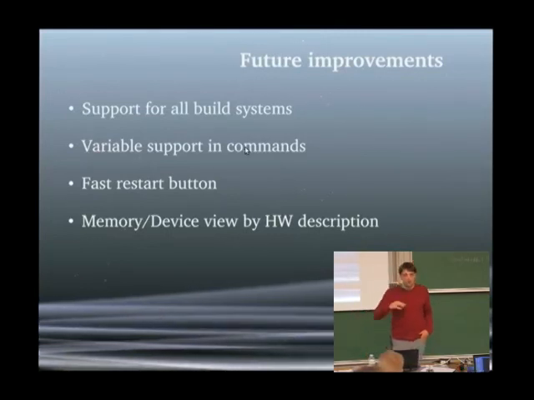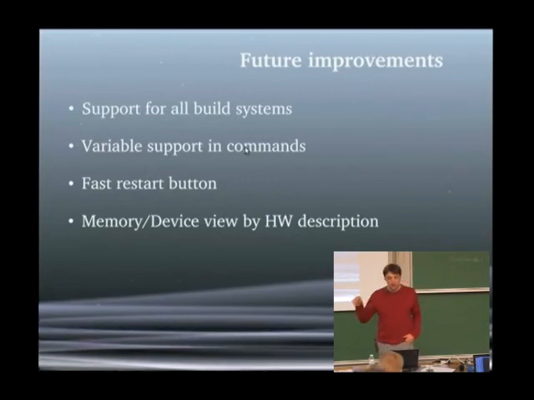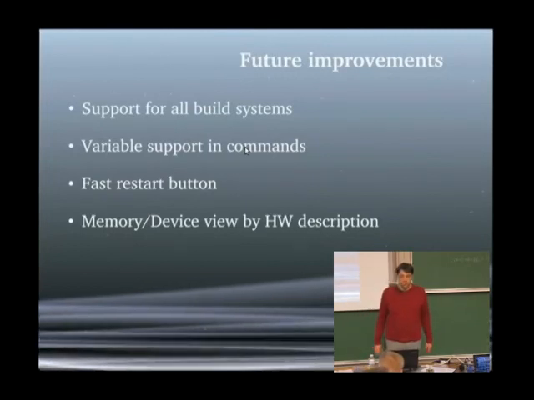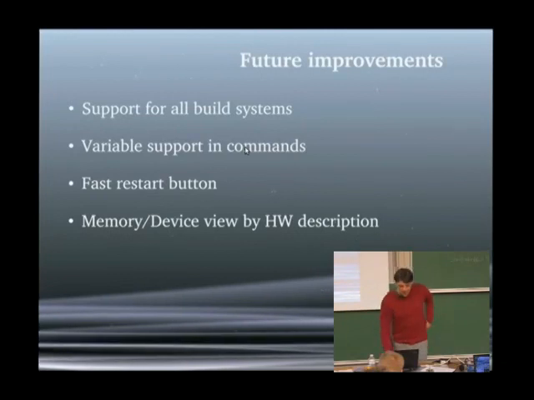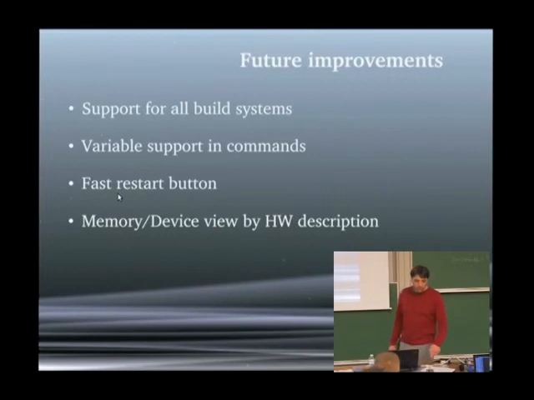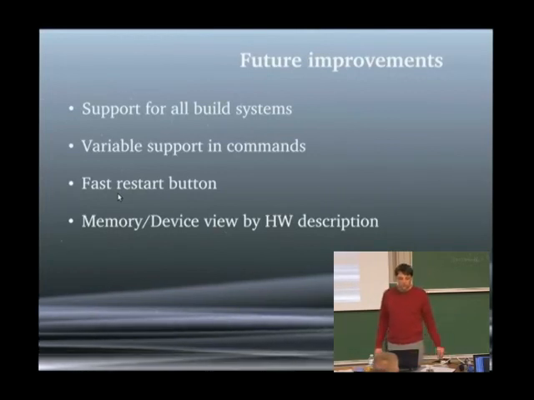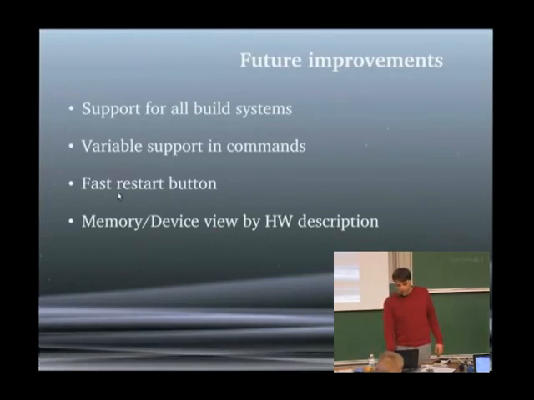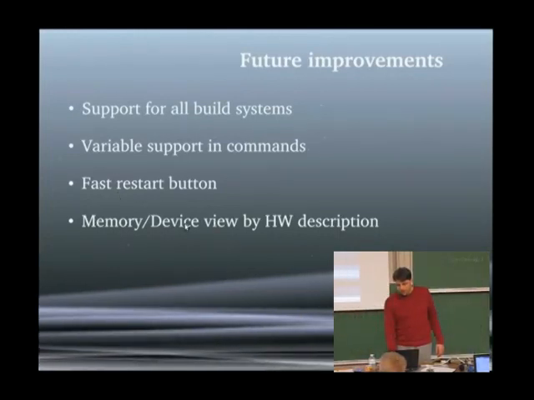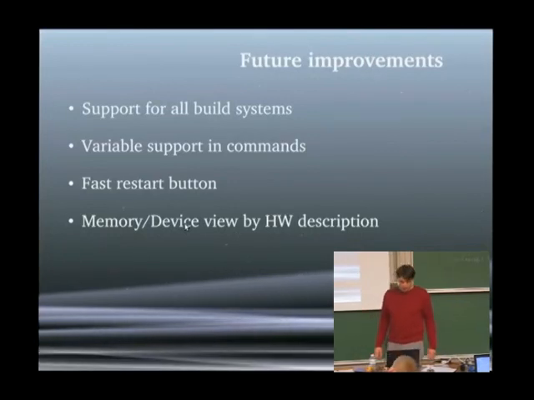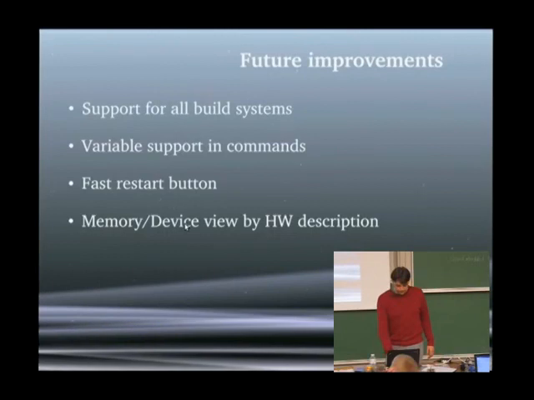So if you have some special commands where you need the binary, which some esoteric hardware debuggers need, that would be nice to have. A fast restart button. So on some devices downloading is quite slow, so it would be nice to have a restart button. And one question was over here, and that's also something which would be nice to have, a memory device view by hardware description.